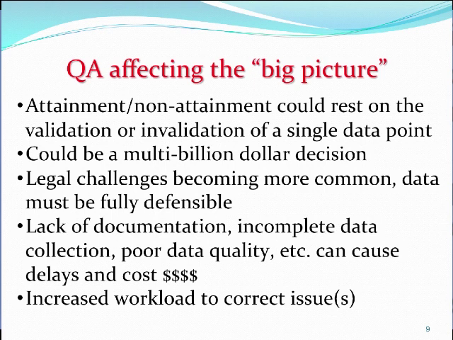Again, attainment, non-attainment, and I'm not sure this has happened, but theoretically it can happen, especially when you're talking about 24-hour design values. Attainment, non-attainment could rest on the validation or invalidation of a single data point. We may be in that situation in South Coast where we're so close to the 35 micrograms per cubic meter and we're looking at the 98th percentile.